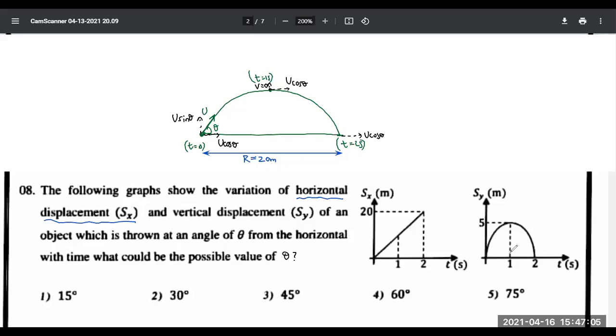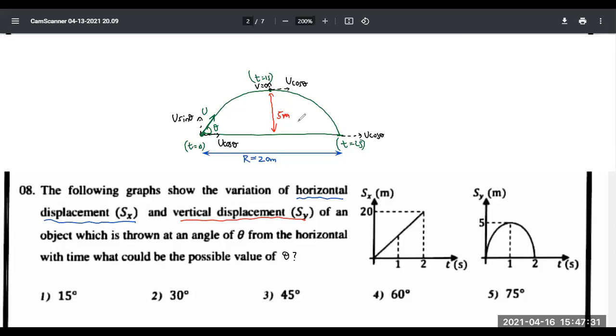And here, this is the vertical displacement, as you can see, Sy. Vertical displacement means from this level, how much has the object gone up? Right? So after 1 second, we know the object is going to reach the maximum height. That is this height. And how much is that according to the question? 5 meters. Okay. Right.